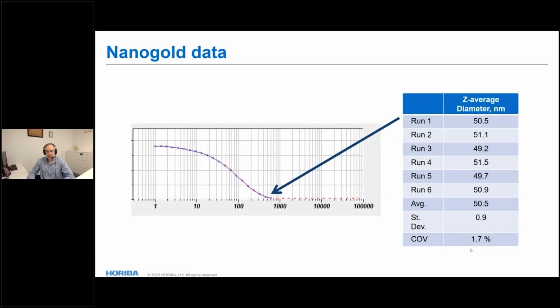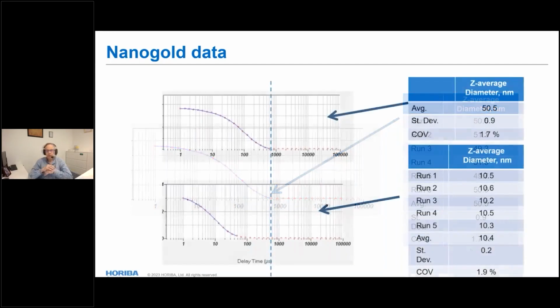The second is that for the overall average, it was quite repeatable because I had a nice stable sample. So you have nice, fast, repeatable results. Now, I showed you 50 nanometer gold, and let's look at some 10 nanometer gold. And so I have the autocorrelation function of 50 nanometer gold at the top, the 10 nanometer gold at the bottom.